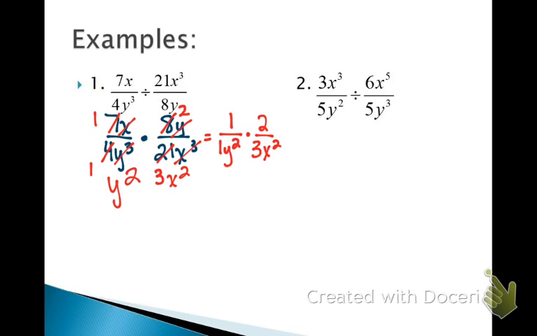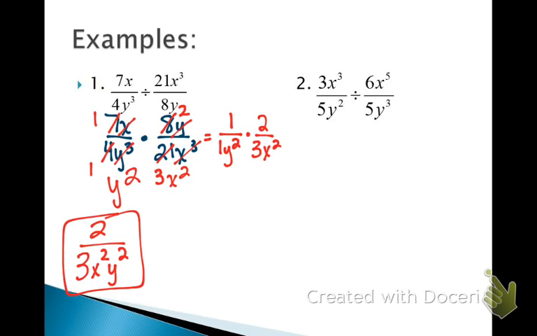So now we just multiply across the top, multiply across the bottom. 1 times 2 is 2 over, what's in my denominator? 3x squared y squared. Good. And then we're done. So the only thing that's really different about what we're doing today is that very first step of switching it to be a multiplication problem.